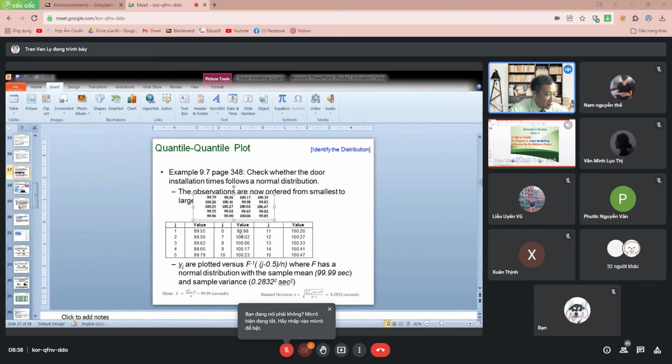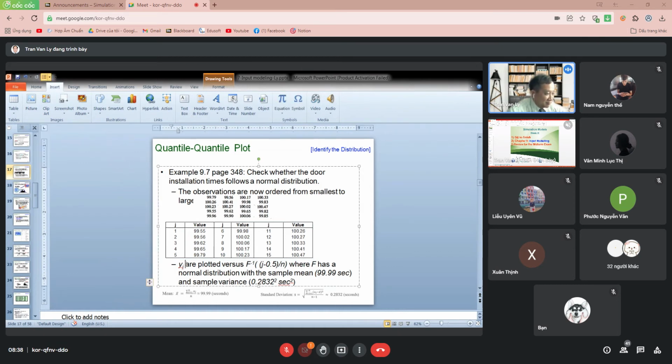How many observations are there? Okay, let's see. Plot such values; you rank them in order, here. And you see, apply this one. We have the normal distribution, with the mean and the variance.